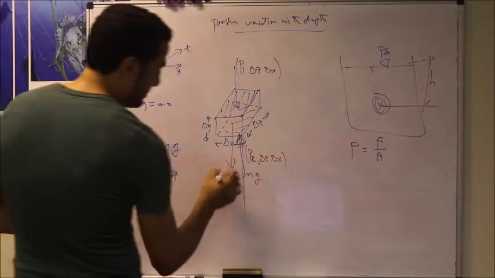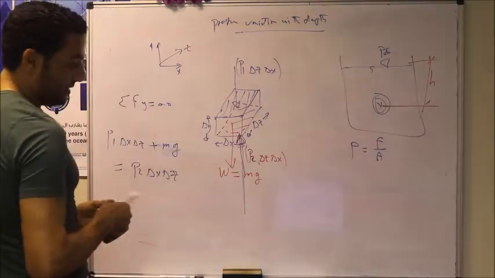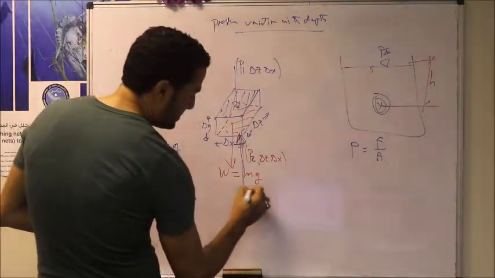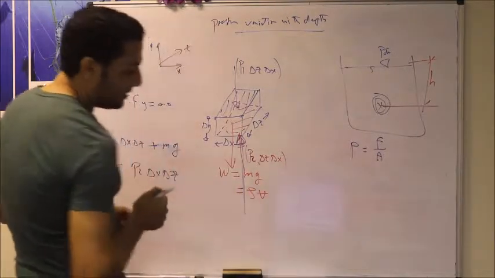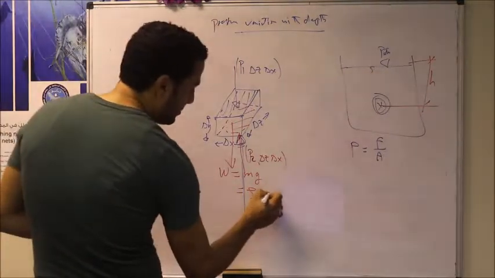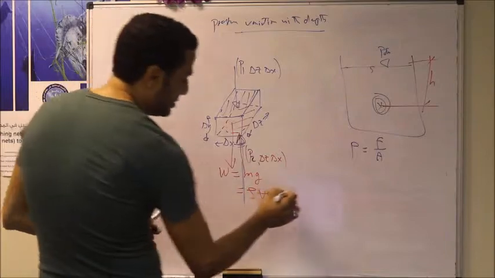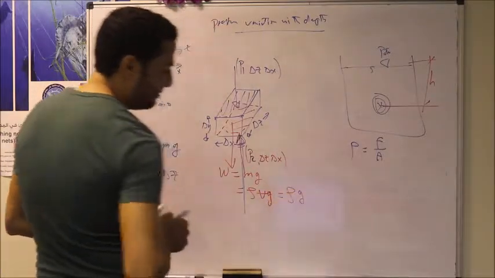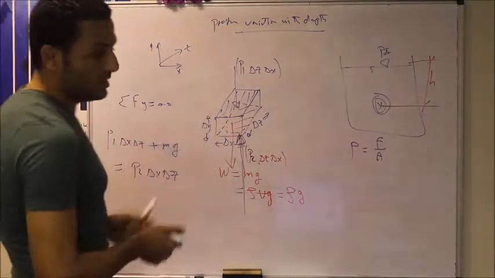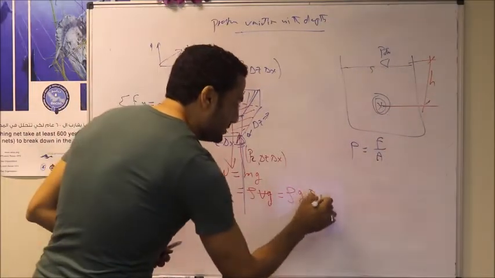We have this term, weight is equal to mass multiplied by gravitational acceleration. Mass is density of this element multiplied by volume. So density multiplied by gravitational acceleration, and the volume of this element is equal to what?